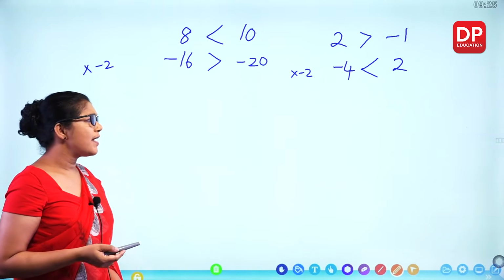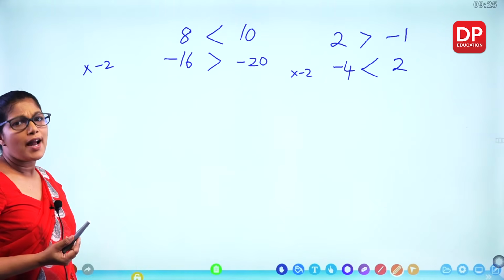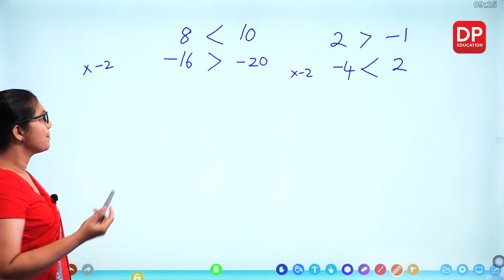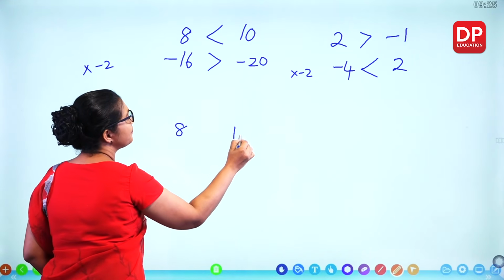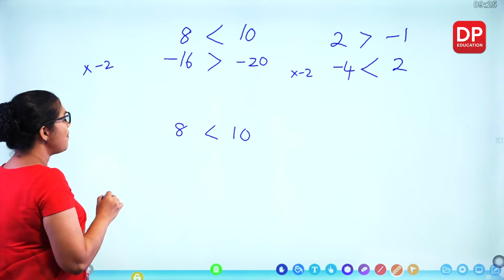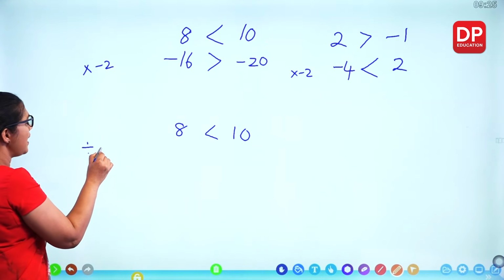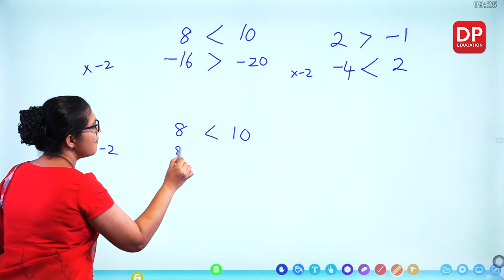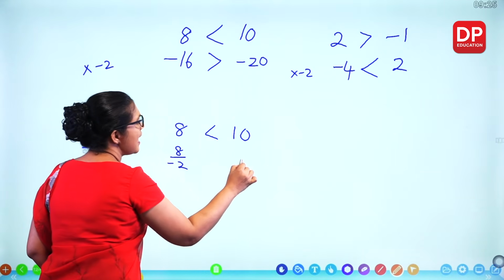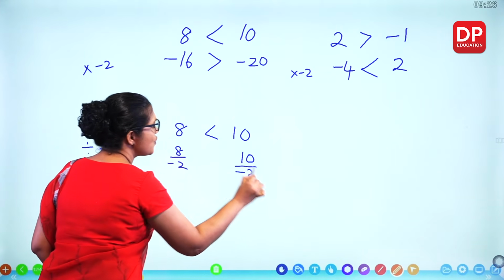Now we'll try with dividing by a negative number. I'll take the same inequality, 8 and 10. I'm now dividing this by minus 2. So 8 divided by minus 2, 10 divided by minus 2.